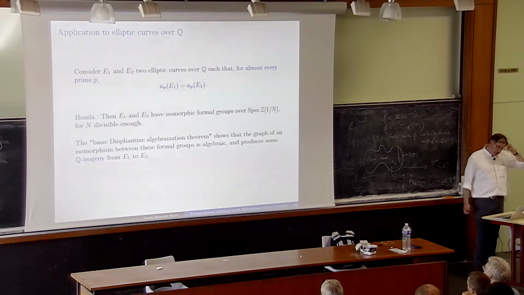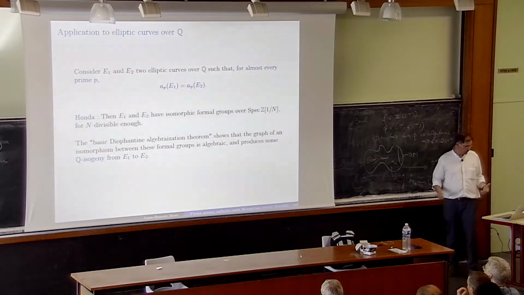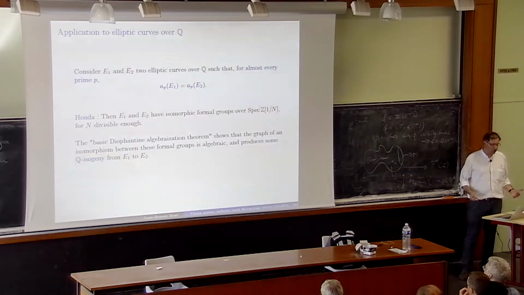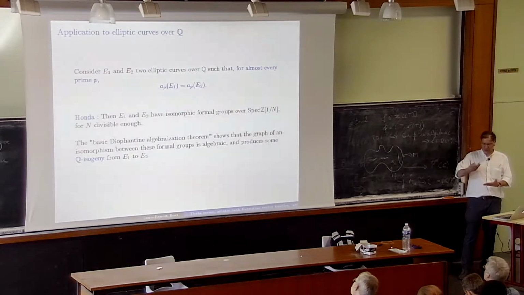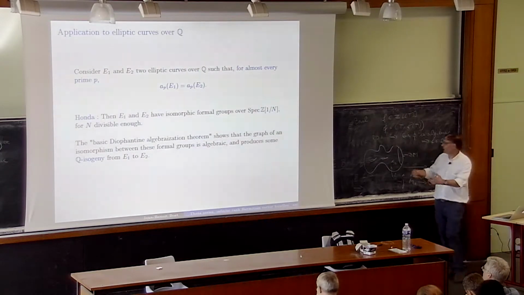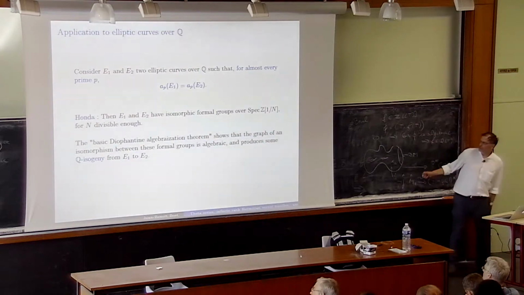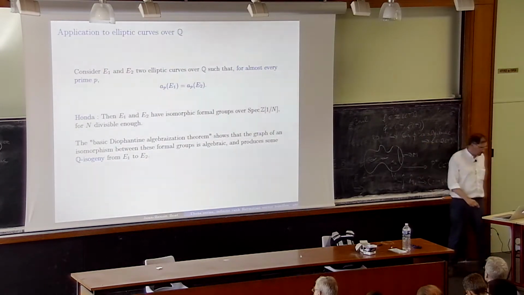And now, it's very easy to see in that case that the graph of such an isomorphism of formal groups will be the formal germ of some kind of analytic Lie group that will extend to some very large Riemann surface with boundary, and the algebraicity condition is satisfied.